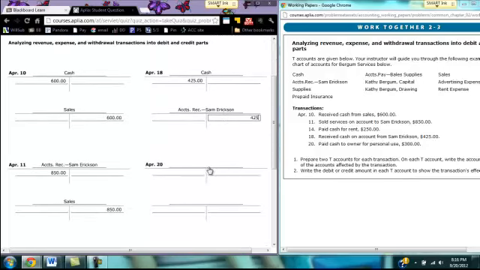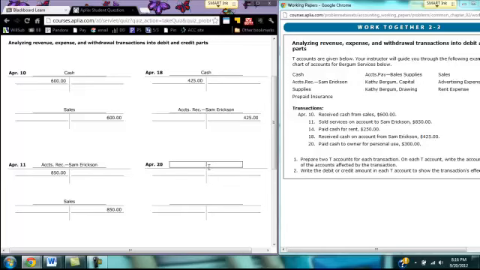Last transaction, paid cash to owner for personal use. Remember, that's treated similarly to an expense. So cash is one account that is affected, and then Kathy Burgum drawing would be the other one, because when an owner withdraws money for personal use, they're drawing money from their business.